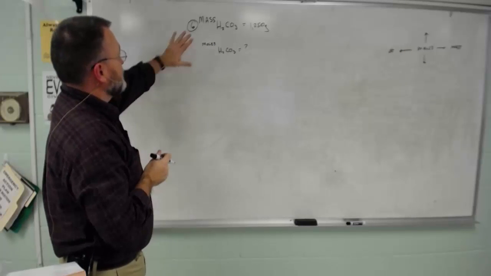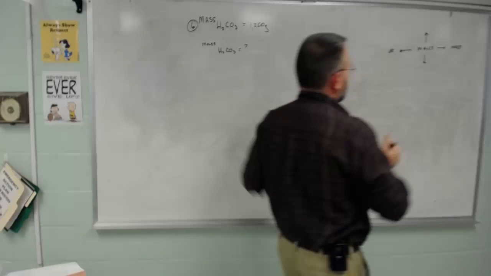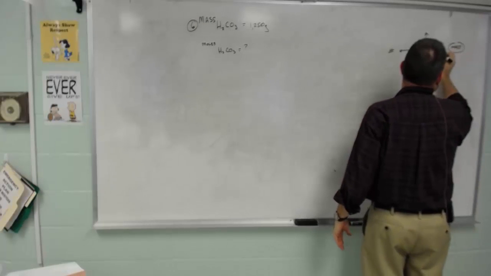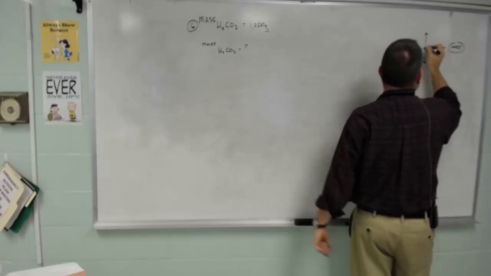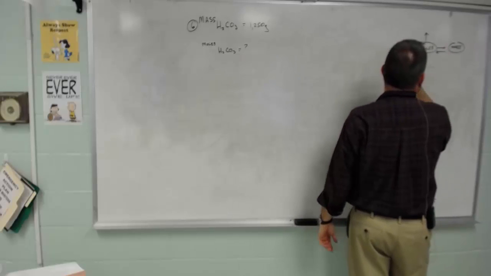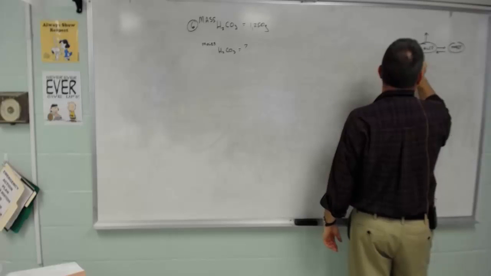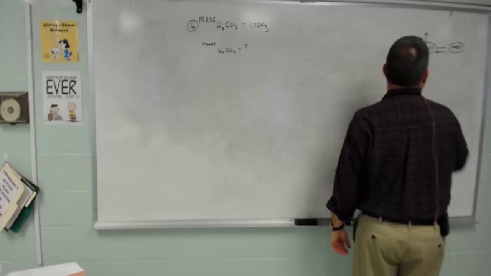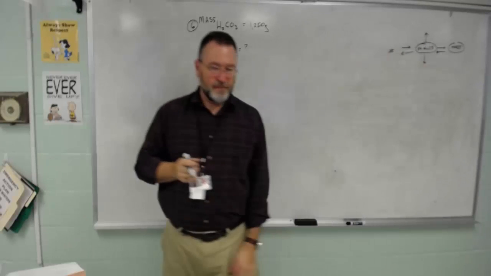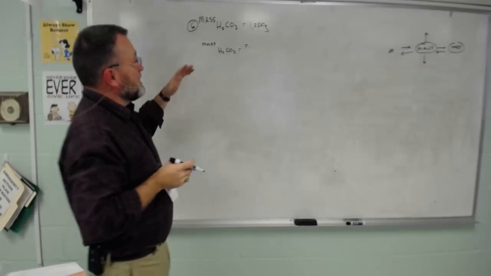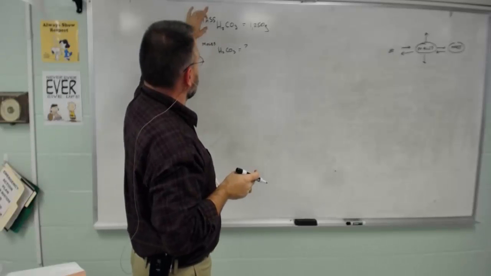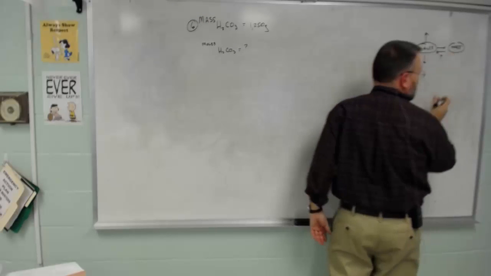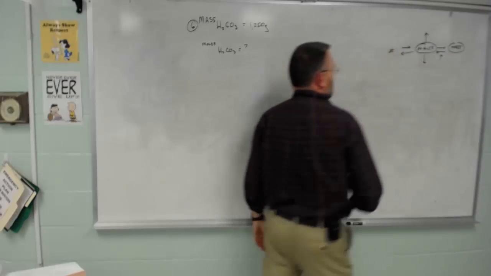Now you see up here, we have a mass, which means in this problem, we're actually moving this way to find moles. I'll be consistent with the way I drew it in previous lectures. So we're going from mass to moles. In this case, we are following this path from mass to moles.